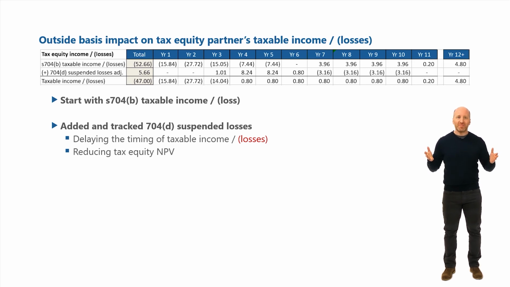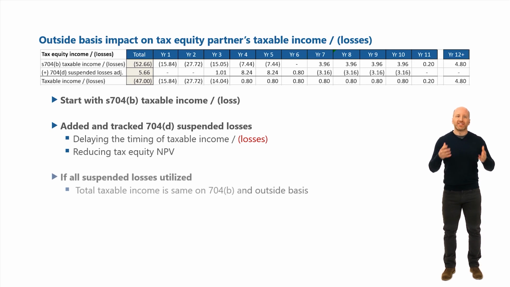And this pattern is common until either after the flip or when all the suspended losses have finally been consumed. And after that point, the taxable income will, on an outside basis, equal the taxable income on the Section 704B basis. It's important as a financial modeler or someone who reviews the models to start seeing these patterns.